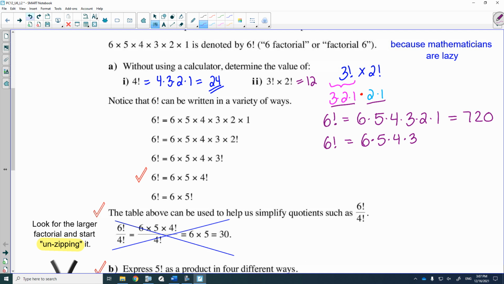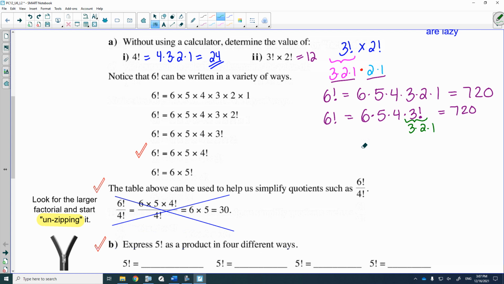If I want to stop here, I have to put factorial. If you type this in your calculator, 6 times 5 times 4 times 3 factorial, you are going to get 720. Why would you get 720? It has to do with 3 factorial being the same as 3 times 2 times 1. So that would be the exact same thing, 6, 5, 4, 3, 2, 1, as this.